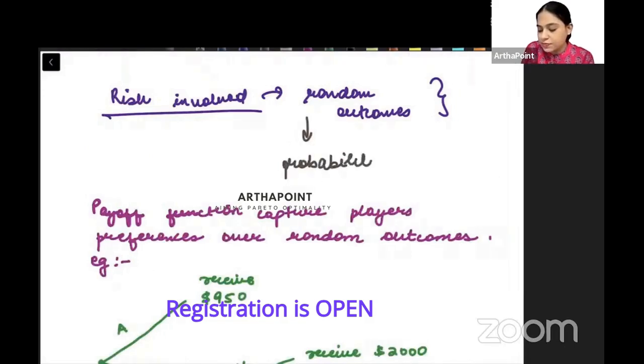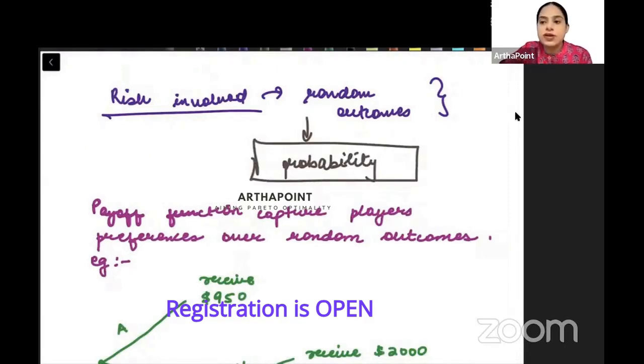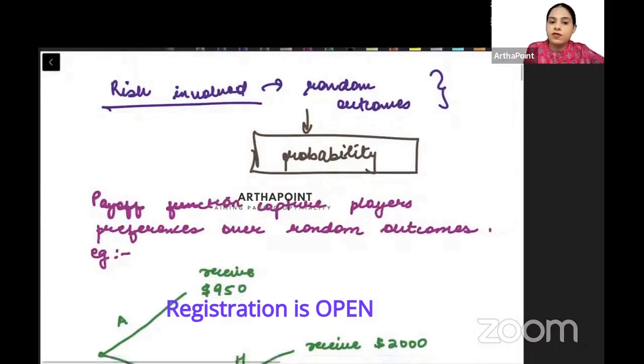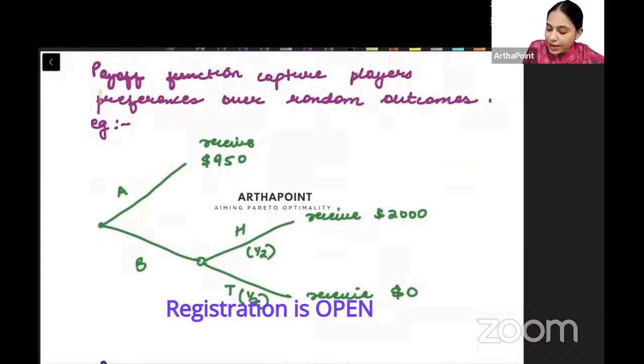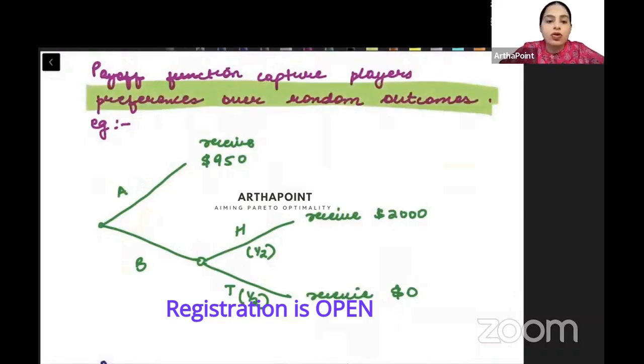Whenever we see presence of randomness, presence of probability, that is basically your risk. That is basically your uncertainty. So any payoff function which captures these preferences over random outcomes is what we want to deal with now.